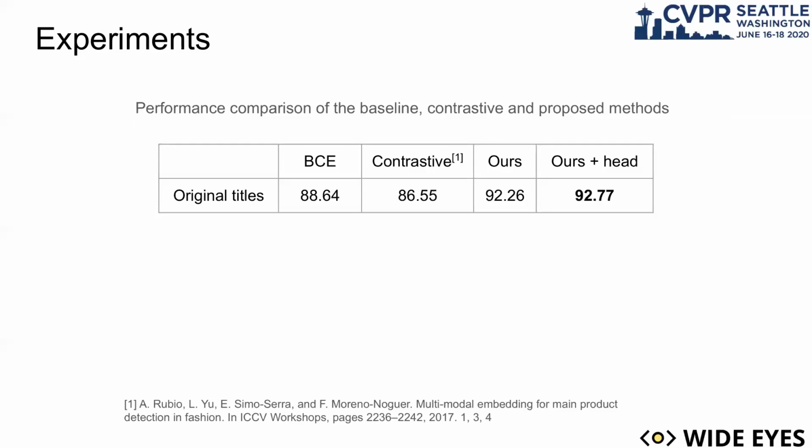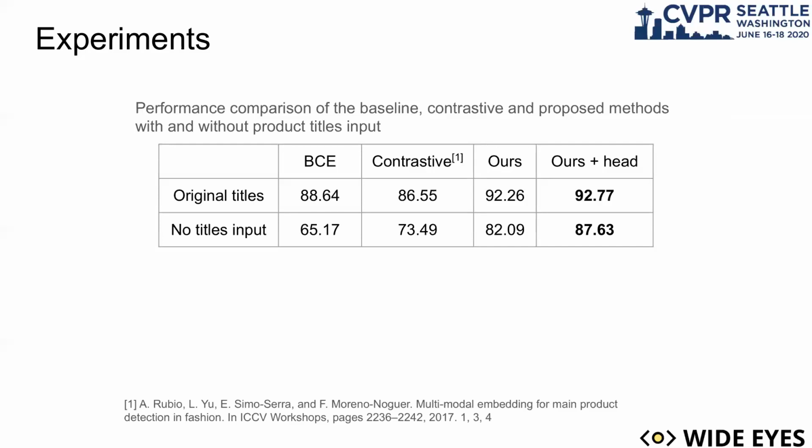And we do another experiment, in which, although we train with titles and translated titles, we also evaluate our models on the test set when there are no titles as input. So the embeddings are just 0.